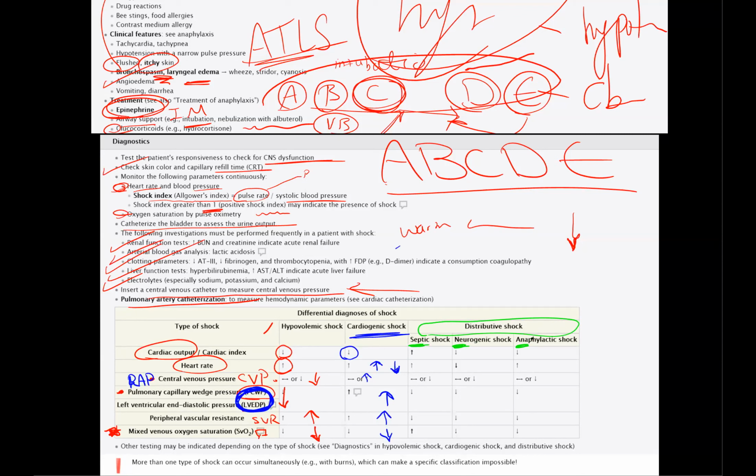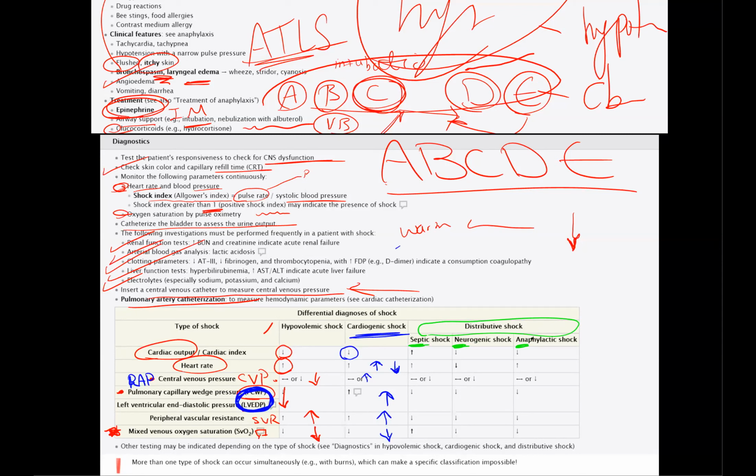We have also systemic vascular resistance. Here is the problem, the peripheral vasodilatation means low resistance, so the systemic vascular resistance will be low. But the mixed venous oxygen saturation will be high because of the vasodilatation and the hyperdynamic circulation.